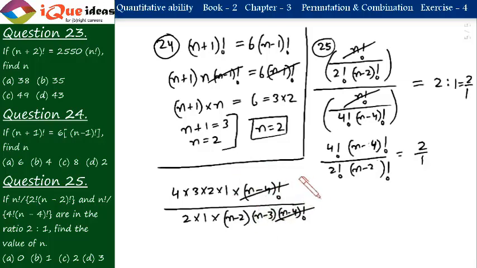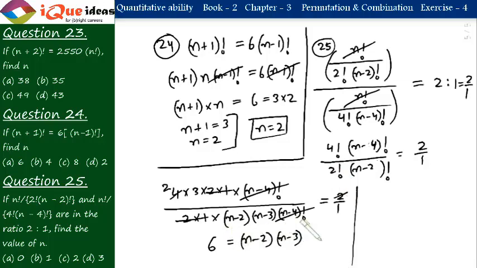That is still equal to 2/1. Okay? From here 2 into 1 are cancelled. Now this 2 cancels 4 two times. So we have 2 into 3, that is 6, equal to n minus 2 into n minus 3. Alright, as you can see, n minus 2 and n minus 3 are consecutive integers. So n minus 2 into n minus 3 is equal to 6.